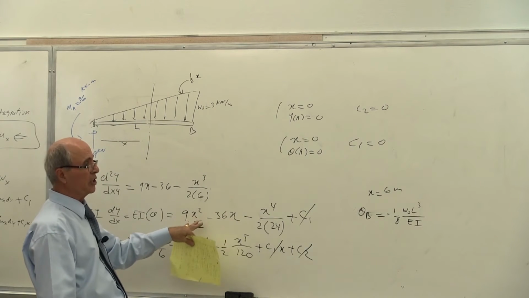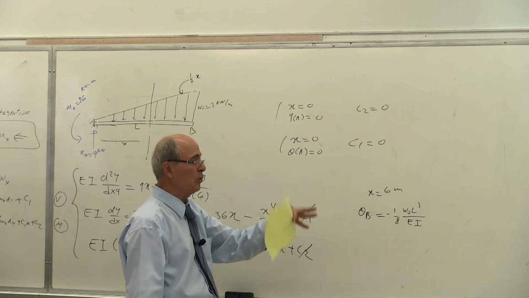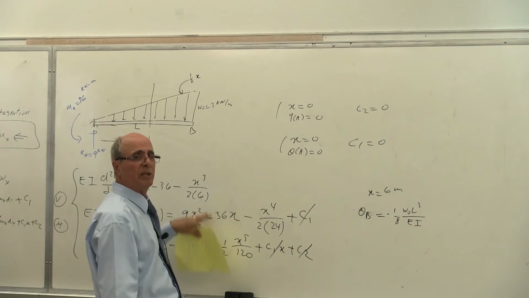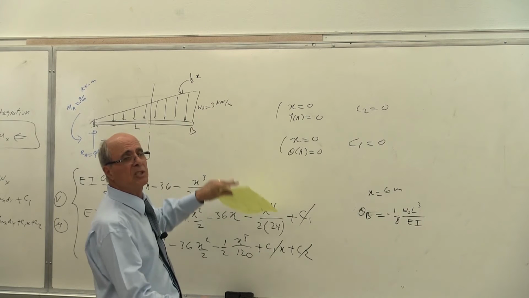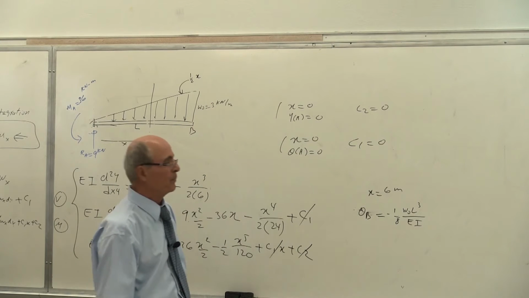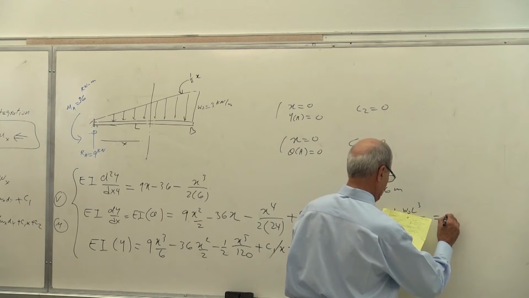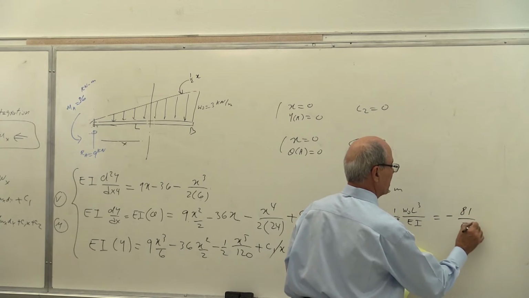This is without general. I did it in 2 ways in my notes: with the general format and with the numbers. I did it for you with the numbers because it's easier to understand. Yes or no? So when I plug in the numbers, that becomes minus 81 divided by EI.